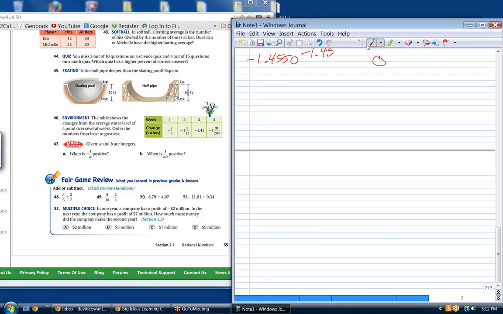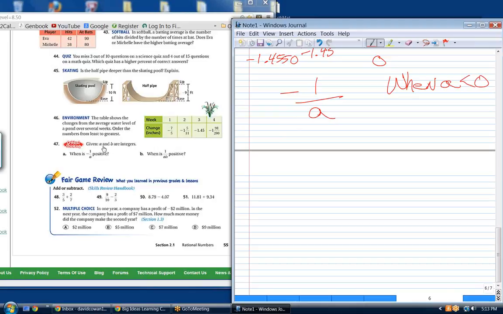Okay, so a and b are integers. One is negative 1 over a positive. So that would mean when a is negative, so when a is less than 0, because it can't be 0. Notice that the first commandment of mathematics is never ever divide by 0, because that would mean it's undefined.